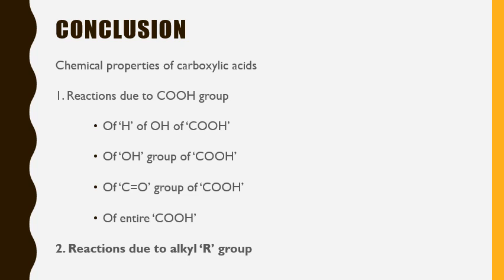I hope you are very clear with these reactions and chemical properties of carboxylic acid. In the next class, we will have the last part of carboxylic acid, that is the chemistry of carboxylic acid derivatives. Basically, we have seen the derivatives of carboxylic acid, the introduction to carboxylic acid within this chapter only, where you have seen amides, esters, acid anhydrides, cyanides, and acid chlorides.